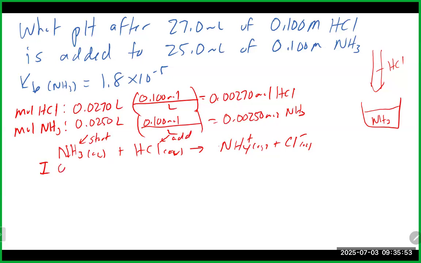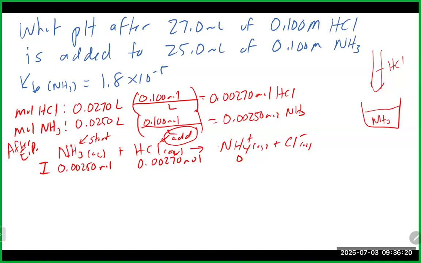So we got 0.0025 moles, 0.00270 moles, and 0. By comparing our initial moles of each of these, we actually do see that what we are adding is more moles than what we started with. That would tell us that we are definitely after the equivalence point in this type of titration.